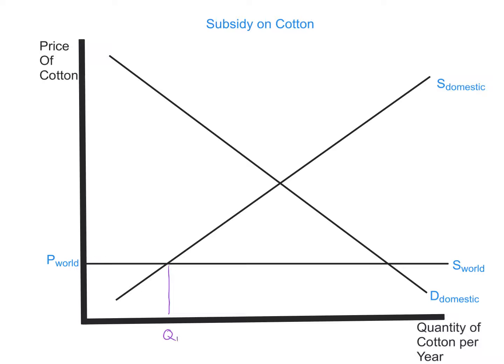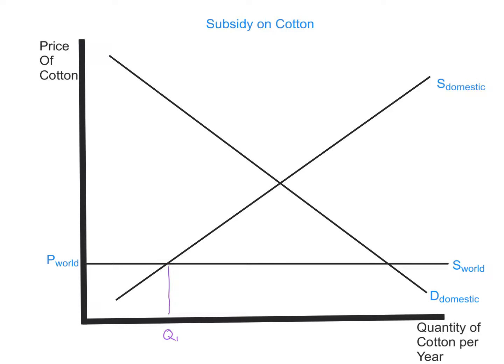Q1 is now the amount that domestic producers will be making, and you can see that on the diagram in this distance. So this is the domestic producer supply curve at that price. They will be willing to produce that much, and that's Q1.